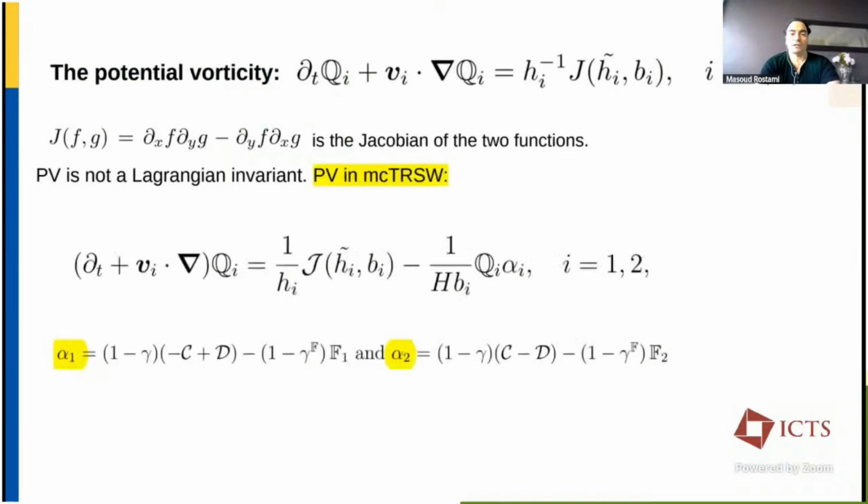So what's going on for potential vorticity once we switch to moist convection in this system?